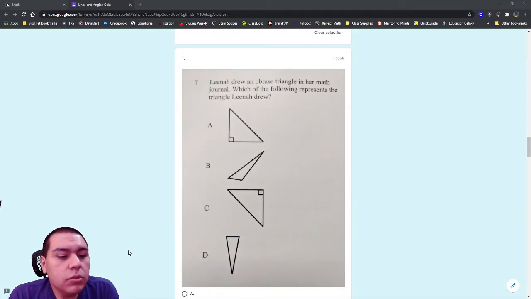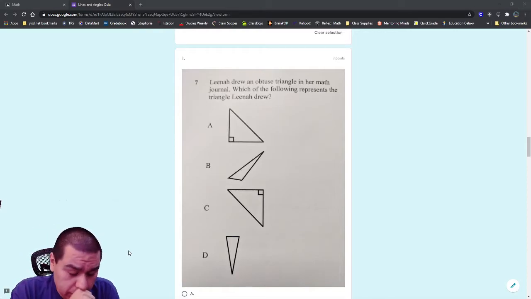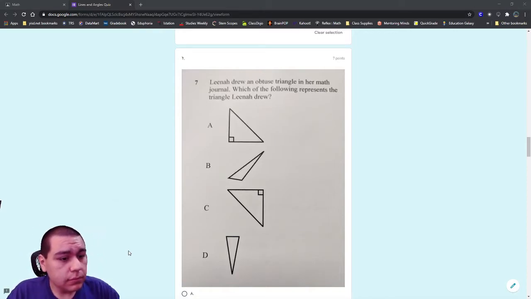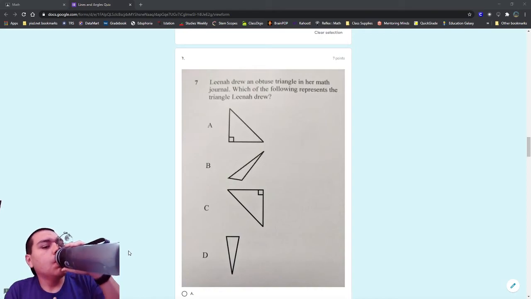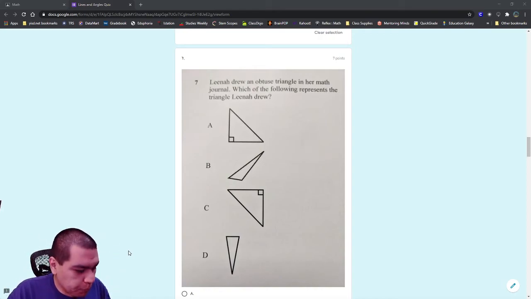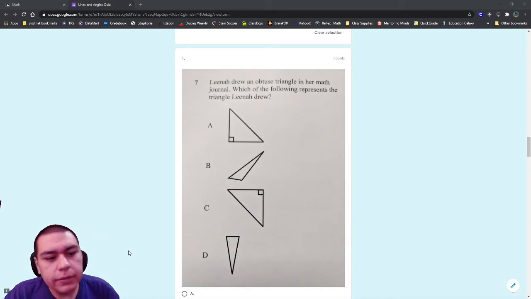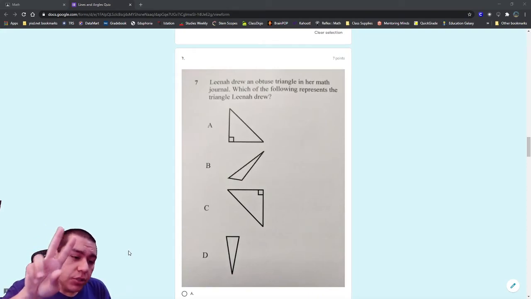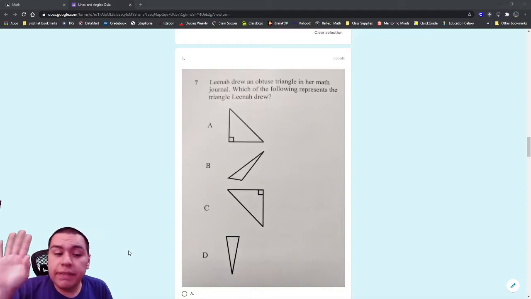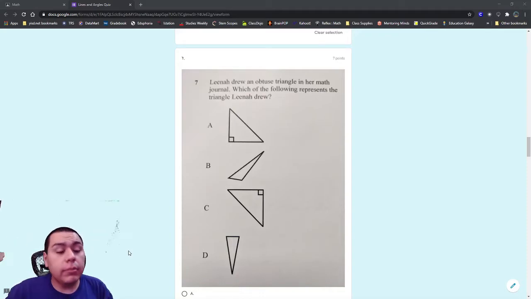Perfect, it's an acute angle. Now remember, every single triangle has to have at least two acute angles. So just because I found one doesn't mean I know my answer.